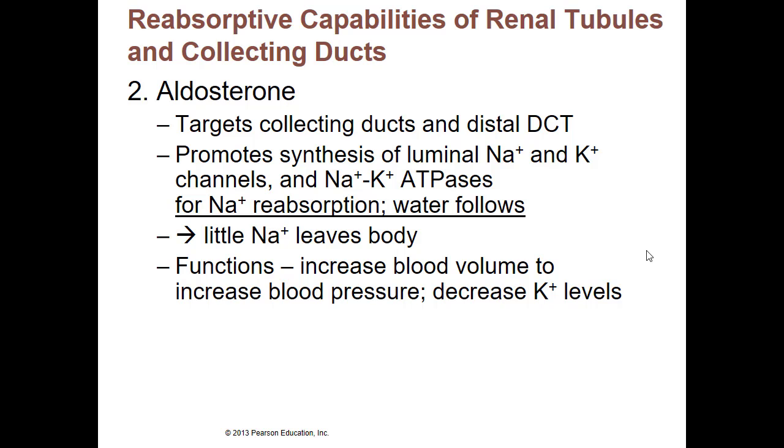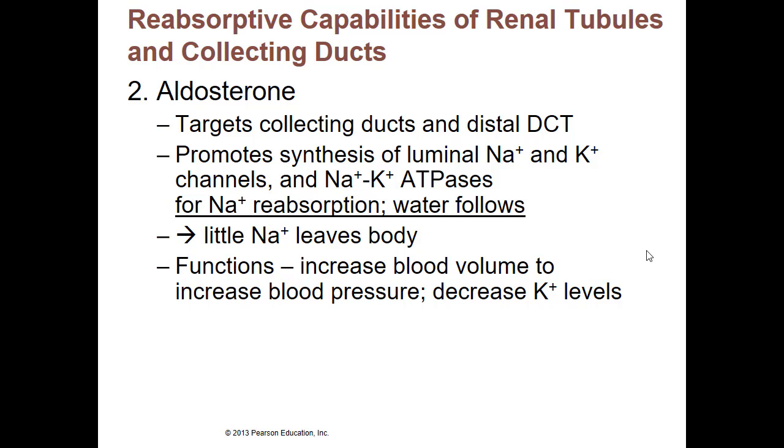Now, the aldosterone hormone also targets the collecting duct and the distal convoluted tubule, and it promotes the making of an additional channel. It makes a channel called the sodium and potassium channel, and it uses an enzyme called ATPase to move these things. Well, if it inserts it, I want a different color.